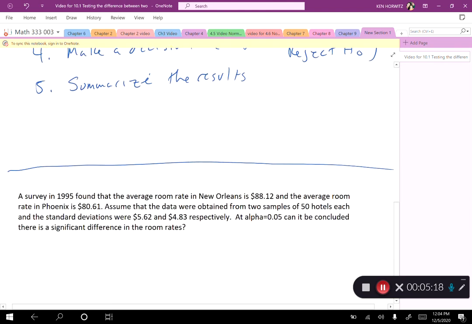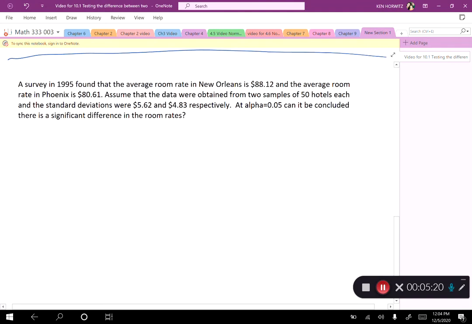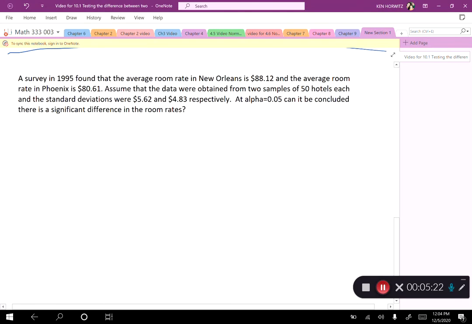All right, so let's start with the first example. A survey in 1995 found that the average room rate in New Orleans is $88.12. The average room rate in Phoenix is $80.61. Assume the data were obtained from two samples of 50 hotels each, and the standard deviations were $5.62 and $4.83 respectively.